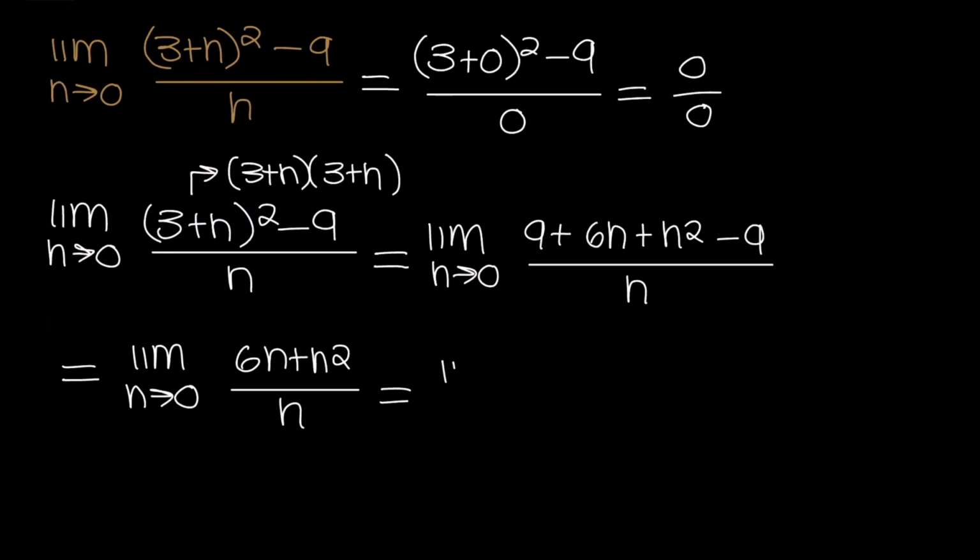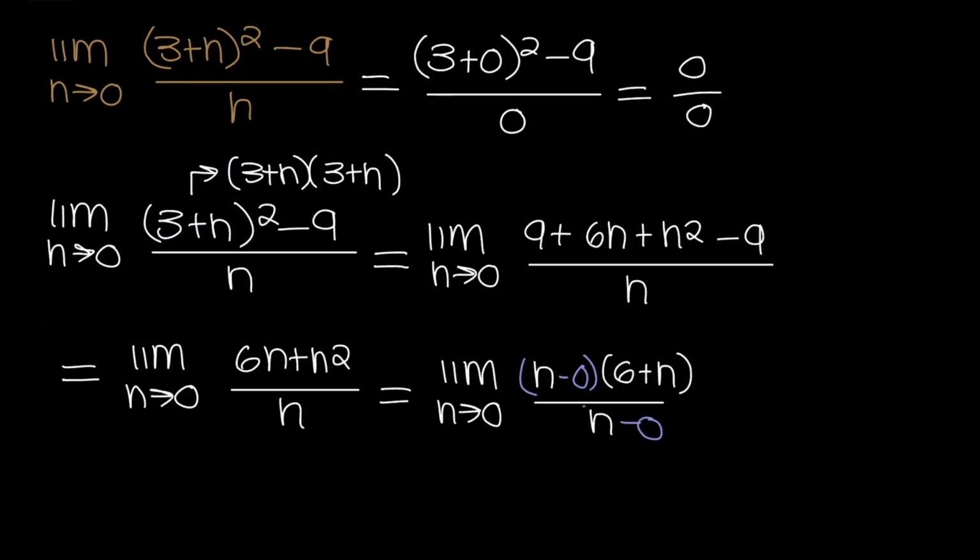We can just factor out an h in the numerator. h times 6 plus h over h. These cancel because you can look at them as factors of 6h minus 0. Like as I was showing you guys earlier, imagine these as factors, right?